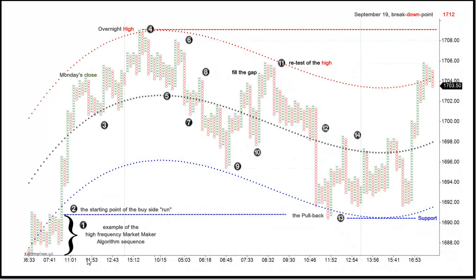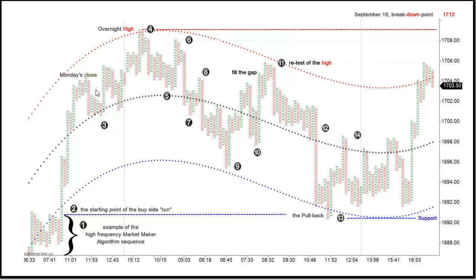During Monday's session, S&P futures traded in a narrow range between 1690 and 1688. During the period where the market activity was limited to the high-frequency market maker algorithmic sequence, a buy-side bias developed and the S&P broke out above 1690, auctioned back up to Friday's high, went on to make a higher high, trading up to 1705.